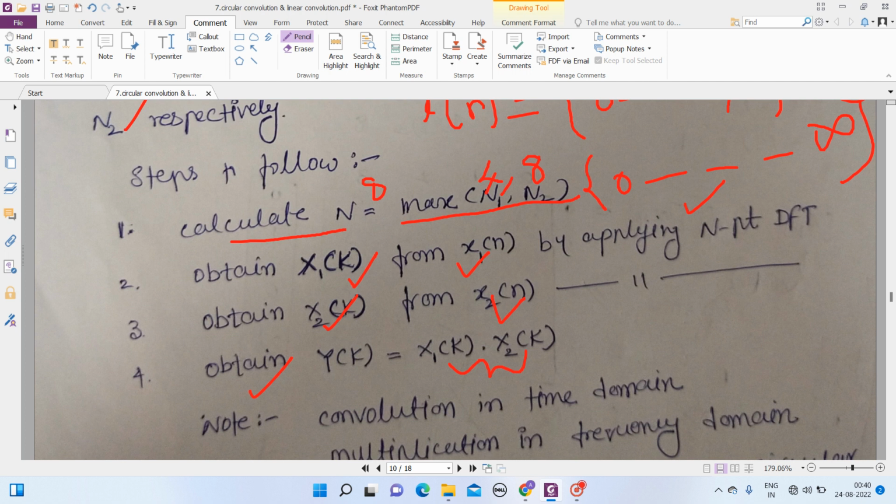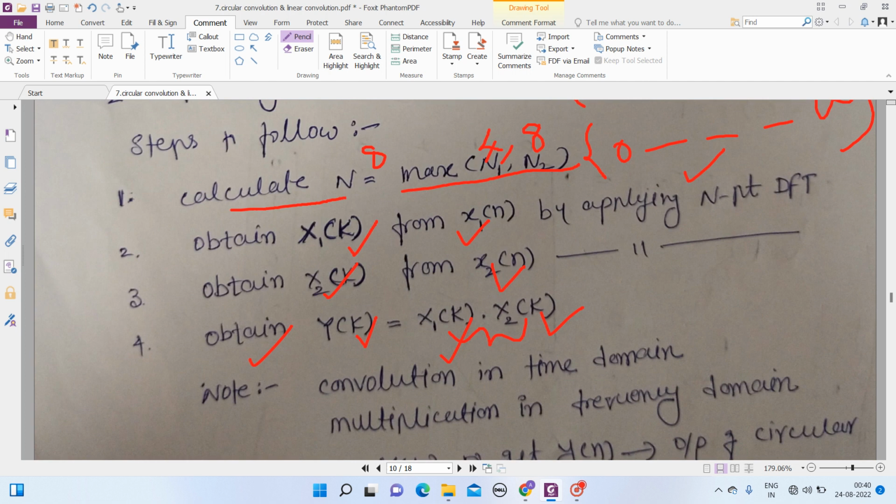It is in the frequency domain, right? x1 of n and x2 of n are discrete time sequences, right? If we convert to the frequency domain, x1 of k and x2 of k are frequency domain sequences, so we can easily multiply these two sequences. We will get y of k, right?